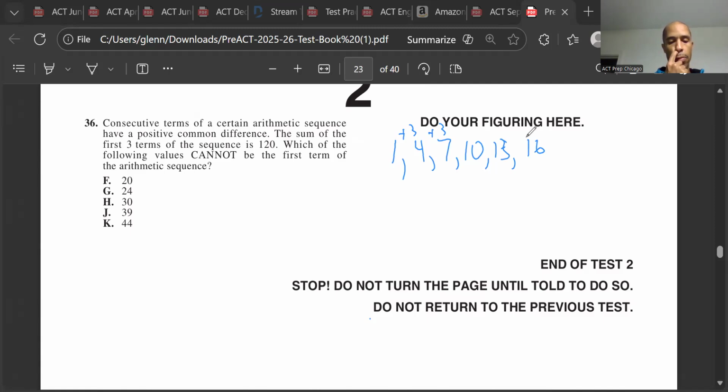With the common difference, we know it is D, or the first term. I wonder if we can get it from the formula. So let's take a look at the formula for the sum of the arithmetic sequence.